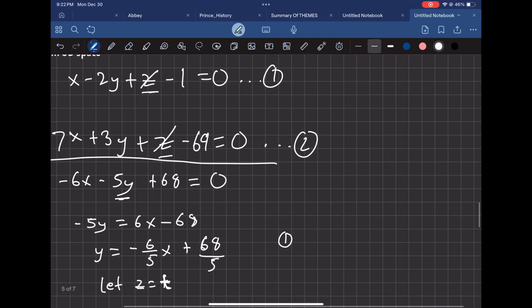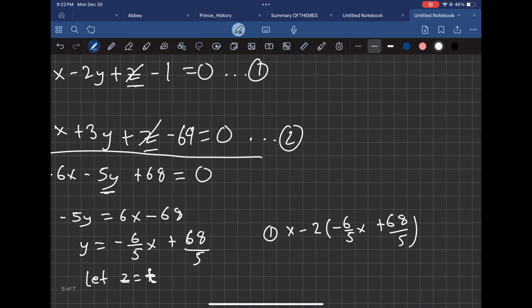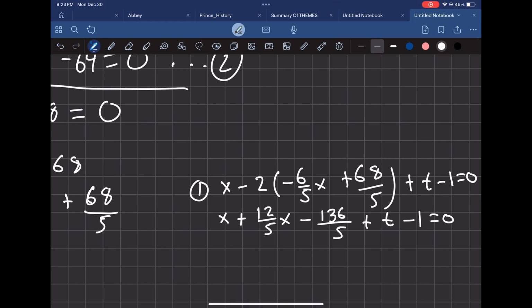So x minus 2 times negative 6 over 5x plus 68 over 5, and plus z, but remember we set that to t, plus t, minus 1 equals 0. x plus 12 over 5x, so 5 plus 12 is 17.